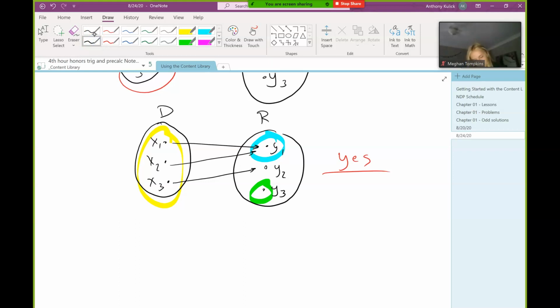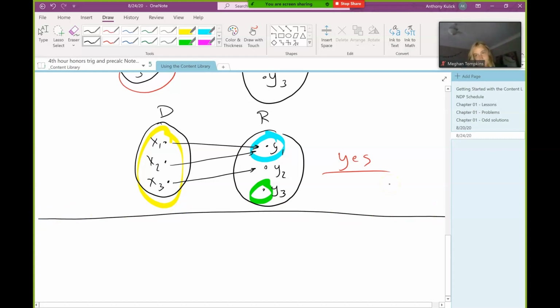All right. So one representation we have for a function or a relation is this mapping diagram that we've just looked at. Another representation could be with an equation, right? Or a formula.